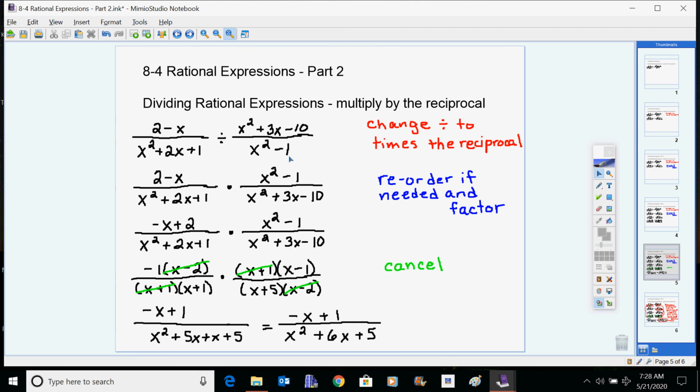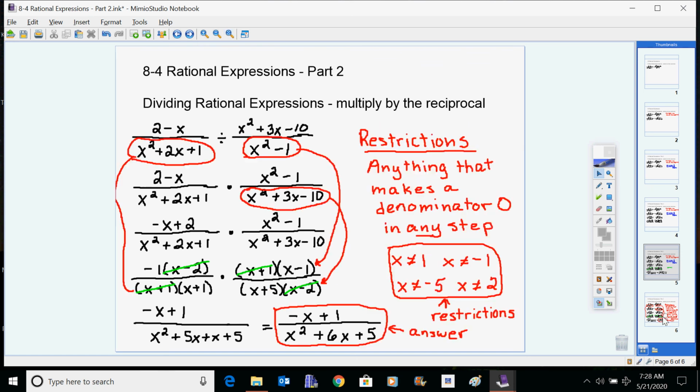If I'm considering this denominator, I'm saying it can't be -1, but it also can't be +1. If I look at this denominator, I'm saying it can't be -5 and it can't be 2. So here's a whole bunch of stuff, but we have to consider each denominator.